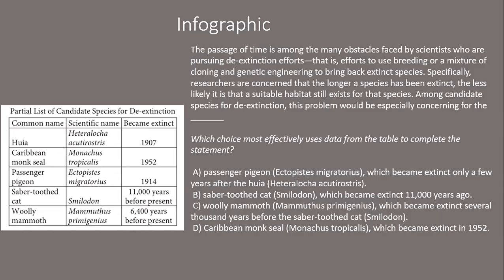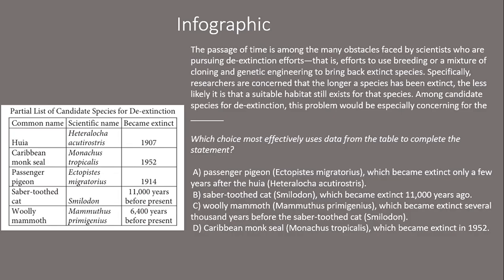Okay, I don't think I'm a very good reader, but if you read through carefully, you notice that the passage is simply making reference to what is presented in the table. And the data in the table shows that all of these animals are extinct, but others died long before some.